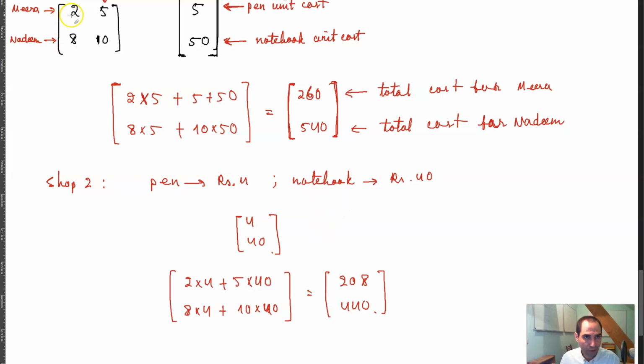I can simply write the requirements over here, which is 2, 5, 8, 10. That is their requirements. And the price codes that they have gotten is 5, 50, and 4, 40. This is actually supposed to be 4 and 40.